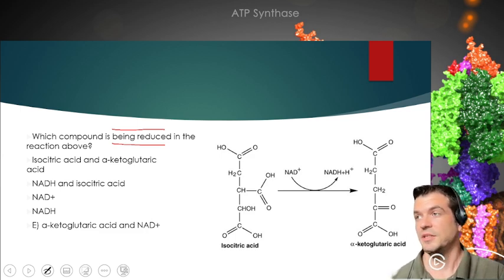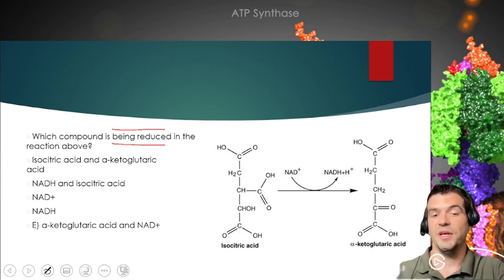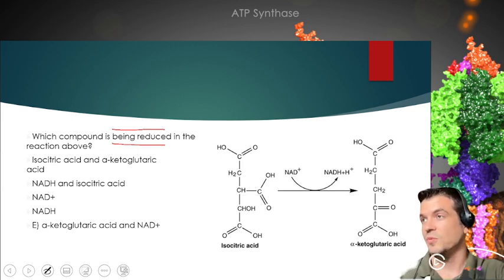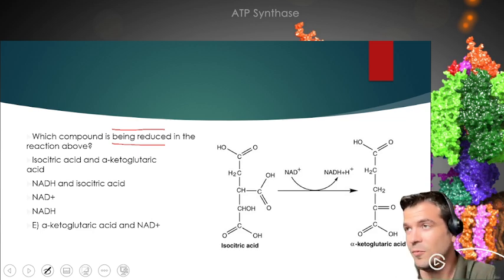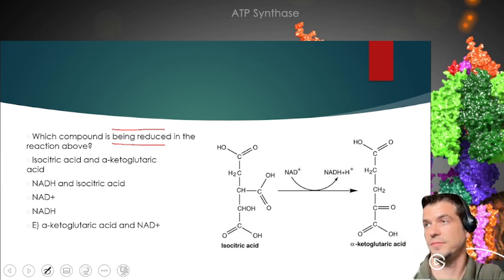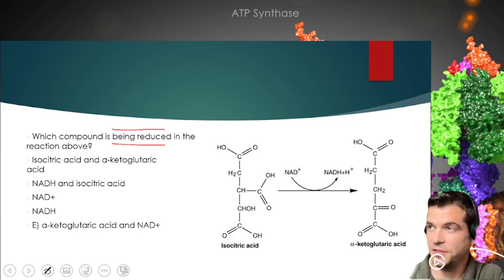Okay, so if we're going to say which one is being reduced, we're going to say which one is going to end up reduced. Okay, which molecule will end up reduced, not which molecule is reduced. Okay, so what is the reduced compound is different than what is being reduced, right?